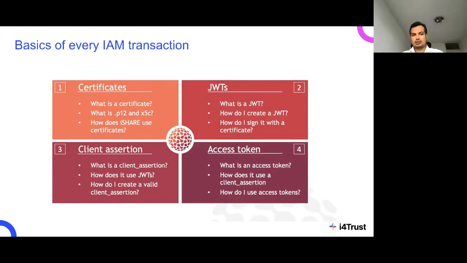Because for humans, there are human identity providers that provide the identities of the human. Second is we use JWT, that's your identity token, which you create and sign using that PKI certificate.